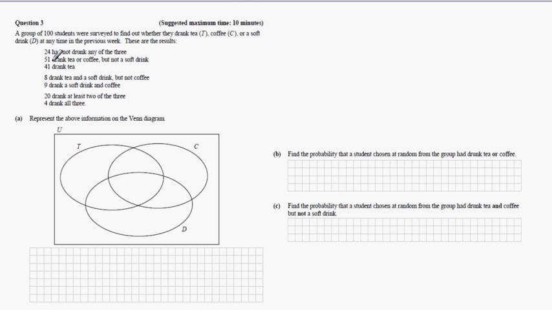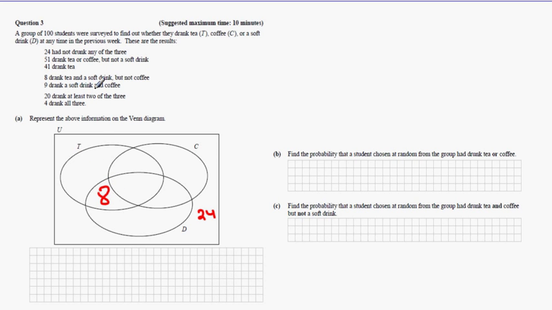Here are the results. 24 had not drunk any of the 3, so 24 is on the outside. 51 drank tea or coffee but not a soft drink. 41 drank tea. 8 drank tea and a soft drink but no coffee. So that means 8 goes in here.